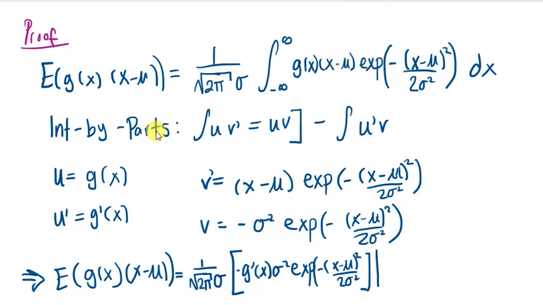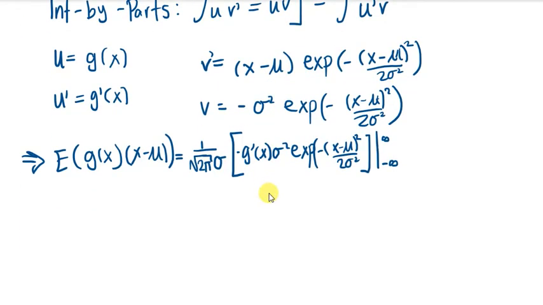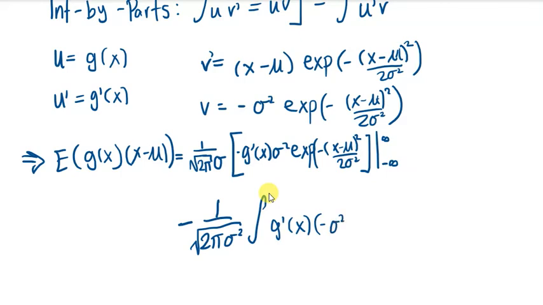And this is evaluated from negative infinity to infinity, minus 1 over square root of 2 pi sigma squared integral g of x times negative sigma squared e to the power of negative x minus mu squared over 2 sigma squared dx.